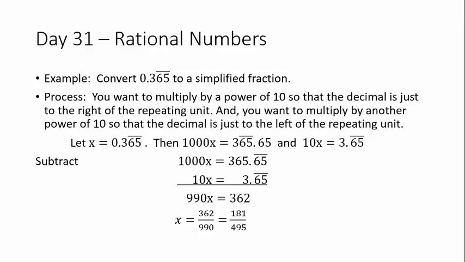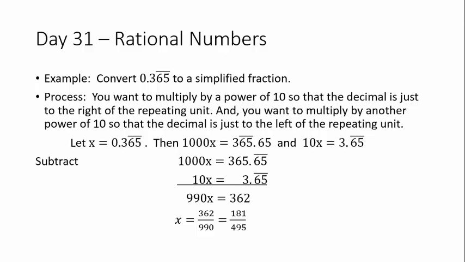Notice what happens here when we subtract. 1000x minus 10x is 990x. When I subtract the decimals on the right, I get an integer now, 362. And then using algebra, I divide both sides by 990, which results in 362 divided by 990.